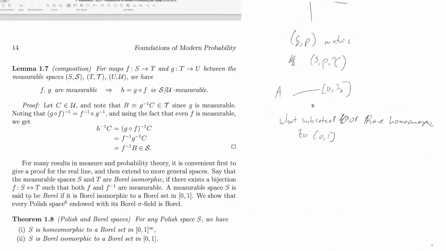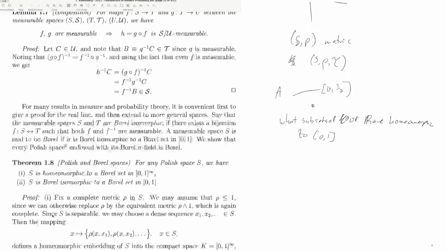We show that every Polish space endowed with its Borel sigma field is Borel. Okay, so Polish space basically just means that it has the properties of the unit interval in a topological sense.